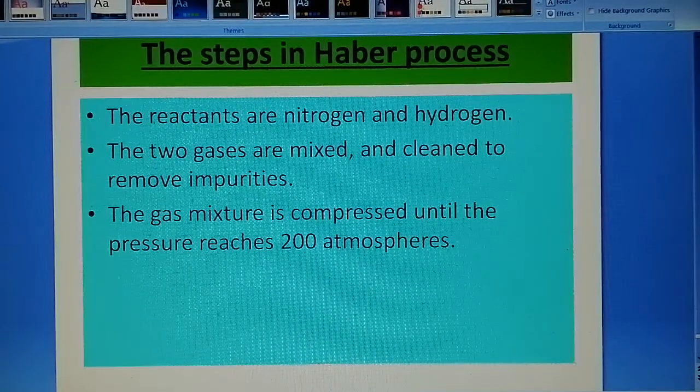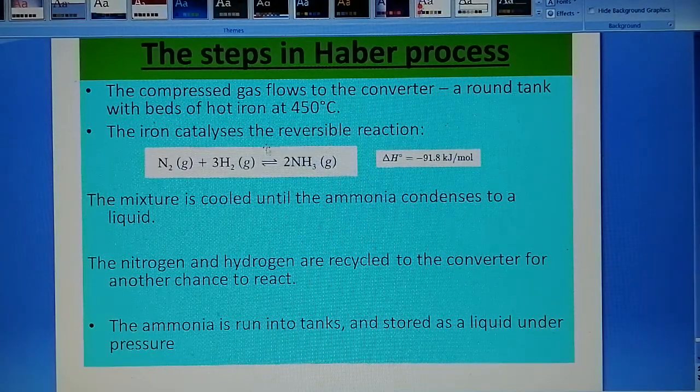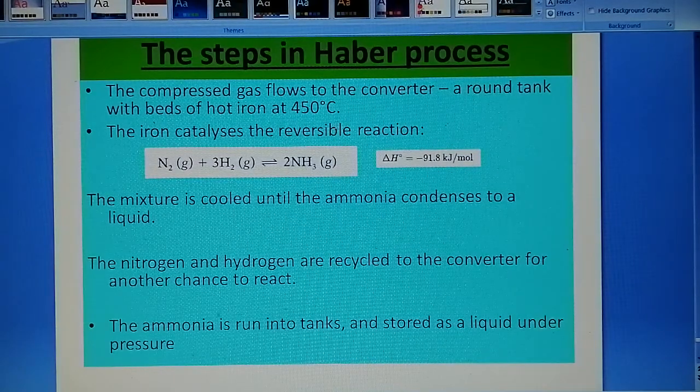The next step: the compressed gas then flows through a converter containing a bed of hot iron, that is our catalyst, at 450 degrees. There the reaction happens, a reversible reaction with delta H of minus 91.8.